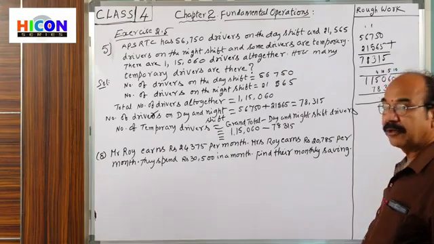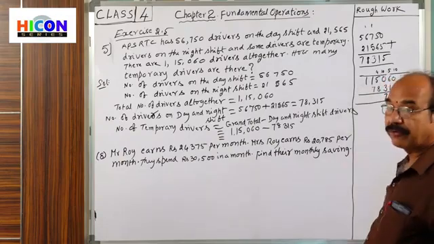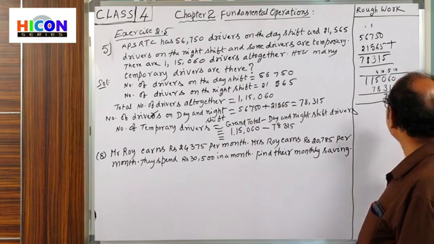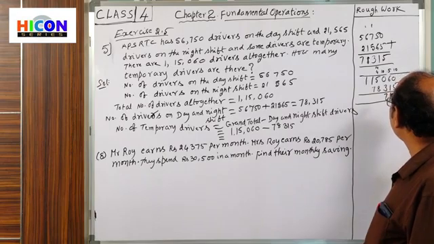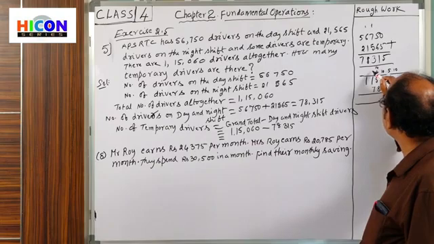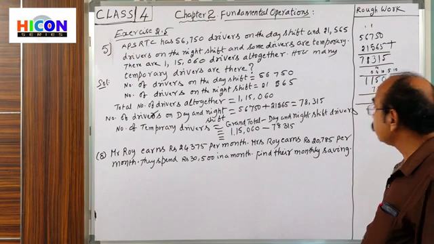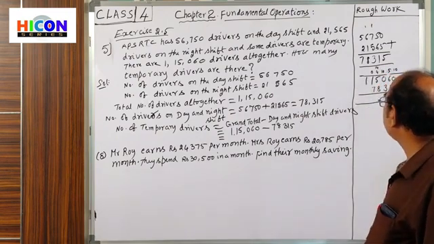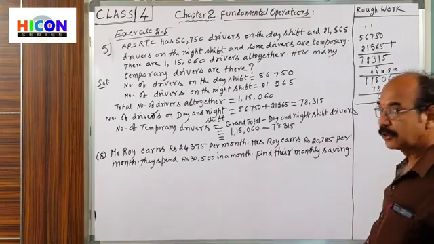Here 4 is there. 8 cannot be subtracted from 4. So ask borrow from its before place. So 4 becomes 14. And here 1 becomes 0. So here 14 minus 8 is equal to 6.